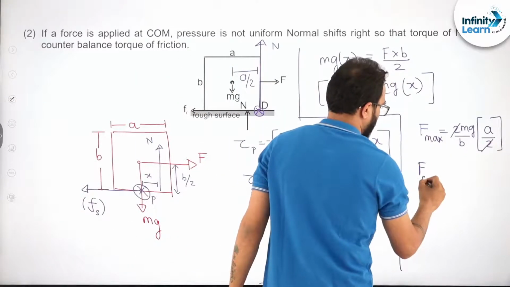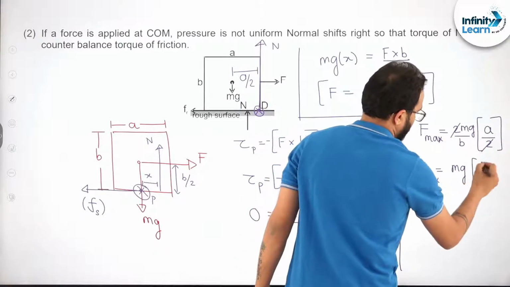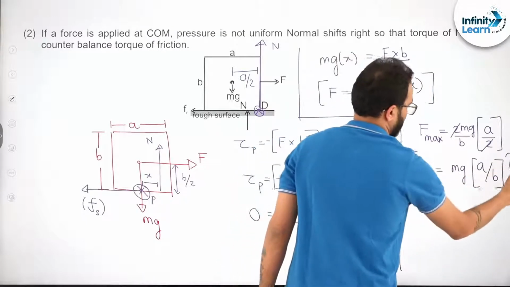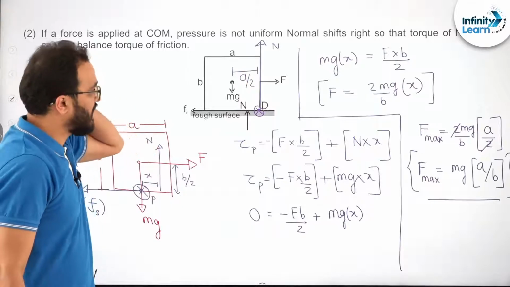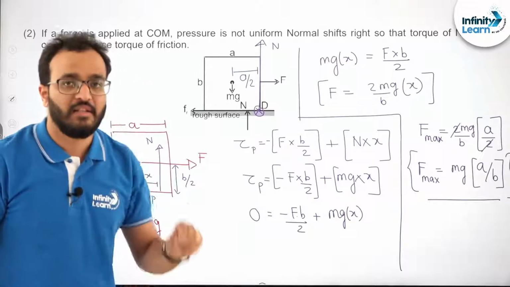And the maximum possible value will be mg into a by b. Do you understand? So this is the maximum possible value of the force that can be applied on the center of mass so that the block doesn't topple.